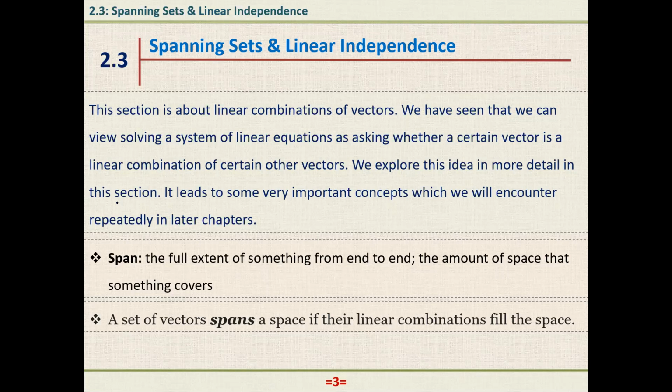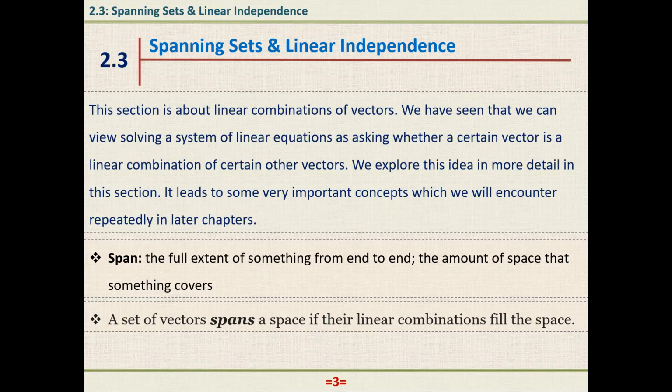Anyway, so far we have been solving systems of equations, and now we will see the relationship between linear combinations and solving a linear system. As you know, first we need to form the augmented matrix. The first column is the coefficients of x1, the second column is the coefficients of x2, and so on.